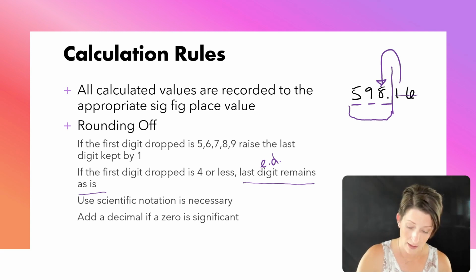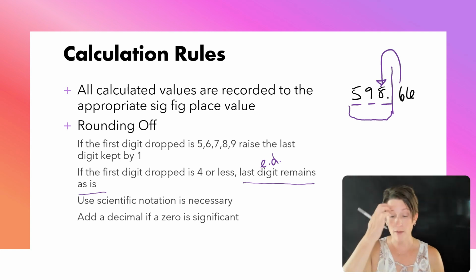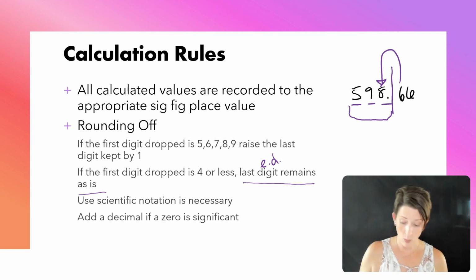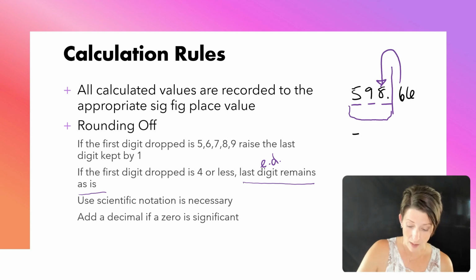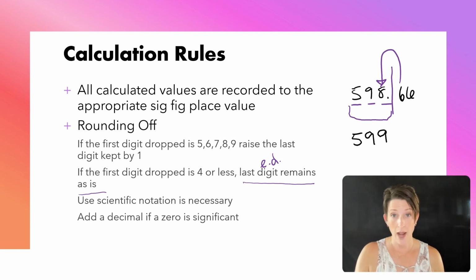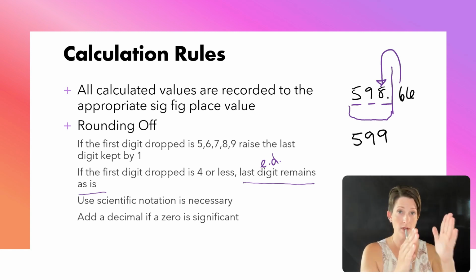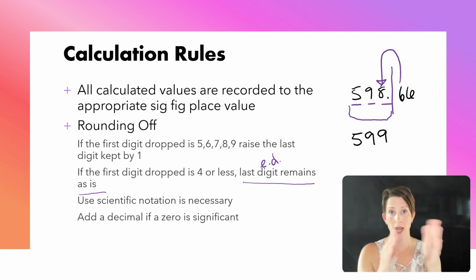Had it been a 6, that would have caused the 8 to round up one more, and we would have had a number of 599. Either way, we have that last estimated digit. Essentially, what we're doing is in that gray zone, are we closer to the 8 or closer to the 9 within that rounding?